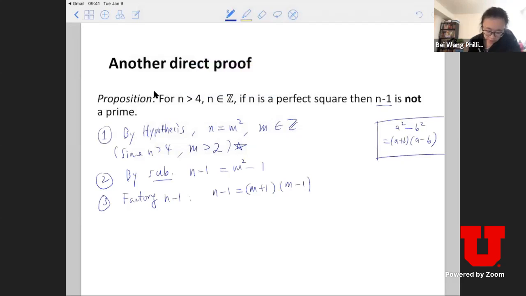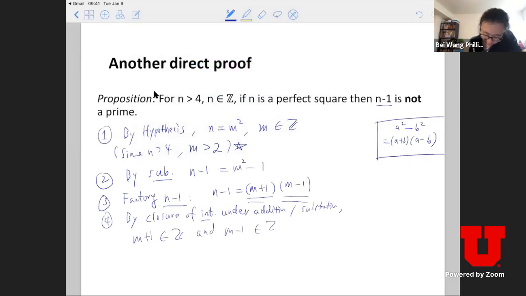So now n minus 1 is expressed as a multiplication of two integers, right? First of all, by closure of integers under addition and subtraction, we know that both m plus 1 and m minus 1 are integers.